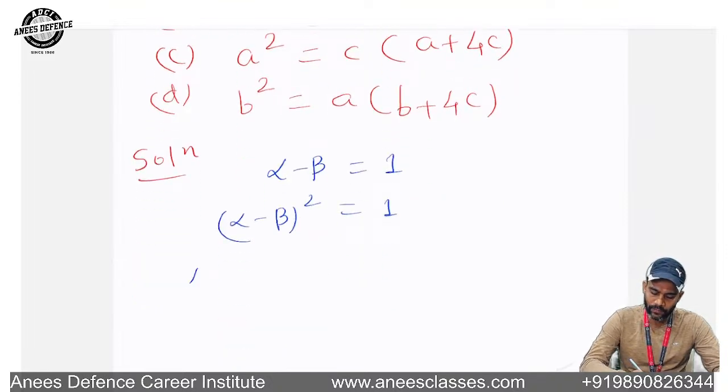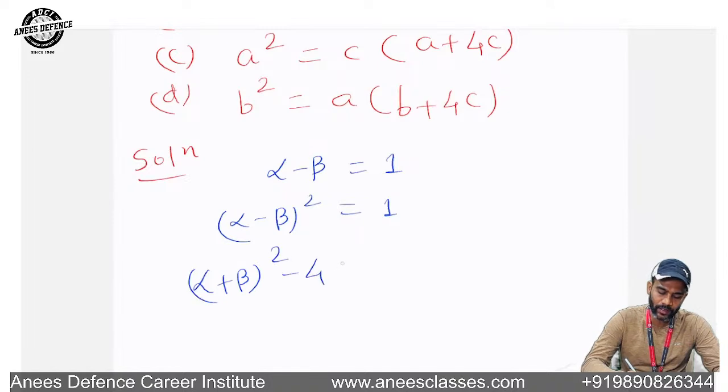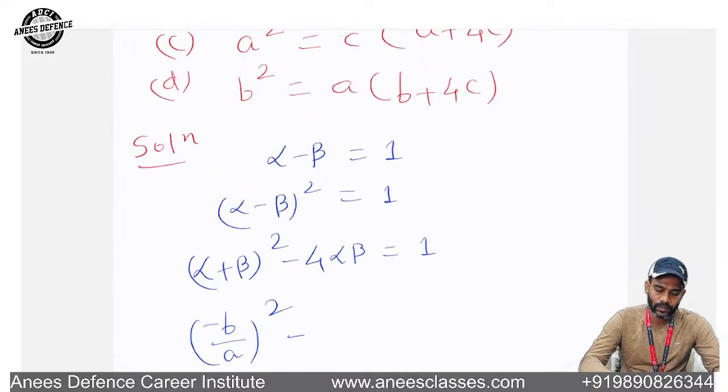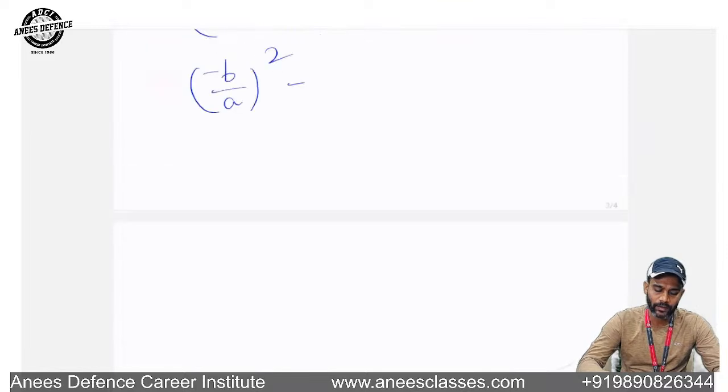Now, alpha minus beta whole square can be written as alpha plus beta whole square minus 4 alpha beta, that is equal to 1. Now, what is alpha plus beta? Minus b by a. What is alpha into beta? c by a.